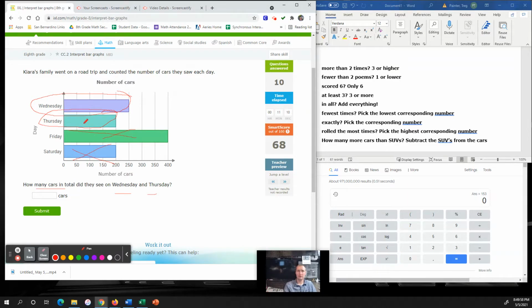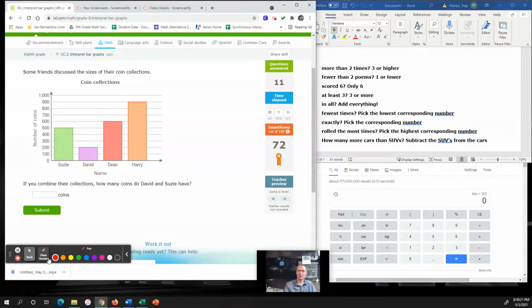We just don't need it. So on Wednesday, we have 250 cars added to Thursday's 200 cars. So here we have 450 cars in total on just Wednesday and Thursday alone.